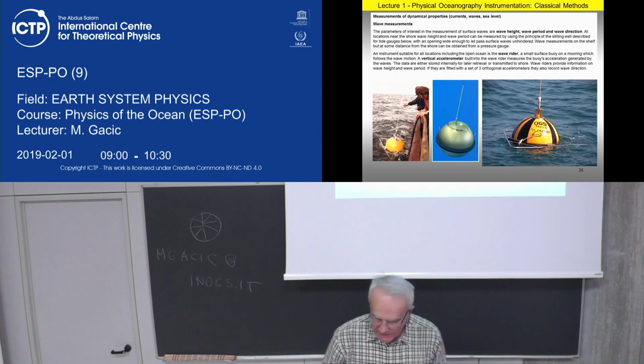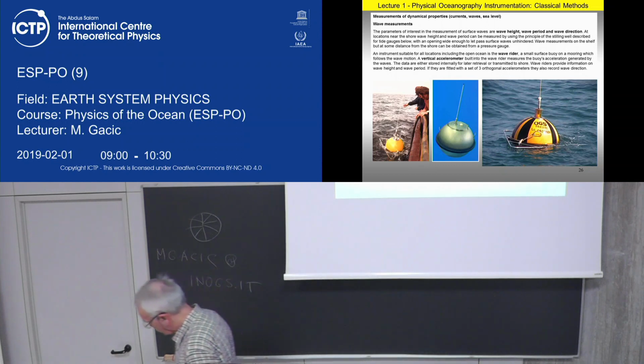And then we have wave measurements. Wave measurements are, for many reasons, rather important, because they can determine the destruction of the coast, coastal erosion, and can also help in navigation.